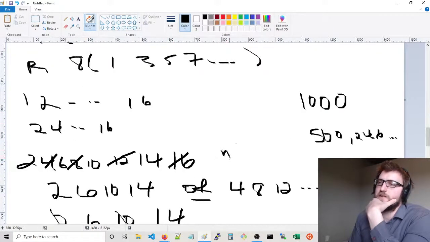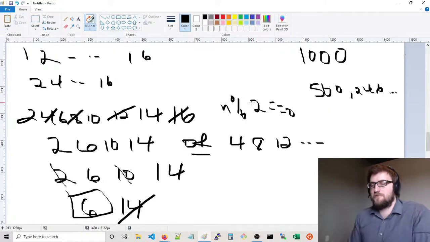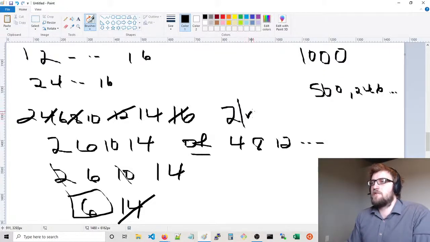If n is modulo 2 or not. If n is divisible by 2 or not. 2 divides n, we'll say.